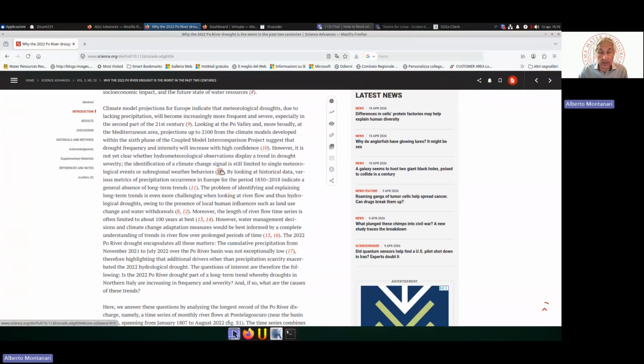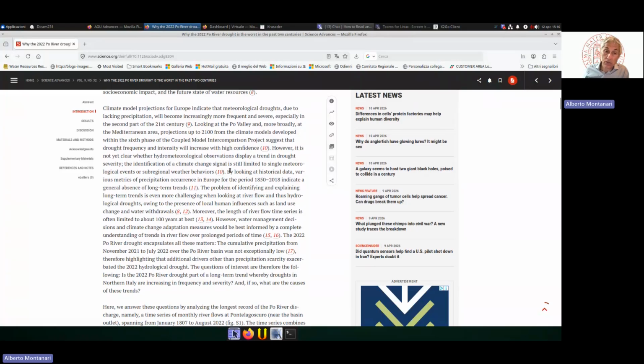And indeed, what you read is that climate model projections for Europe indicate that meteorological droughts, due to lacking precipitation, will become increasingly more frequent and severe, especially in the second part of this century. And then there are details provided about these predictions by climate models.